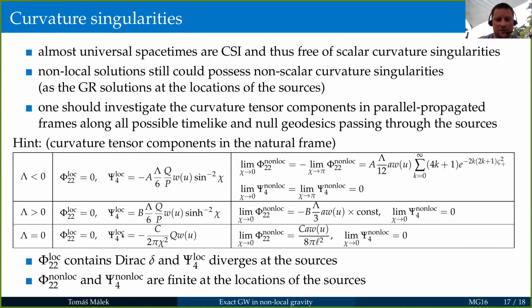For all these local solutions, the components of the Weyl tensor, Psi4, diverge at the locations of the sources, and on the other hand, the components of the trace Ricci tensor and the Weyl tensor are finite in the case of the non-local solution. So this is just a hint that these non-local solutions are free of curvature singularities, but it's not proof.